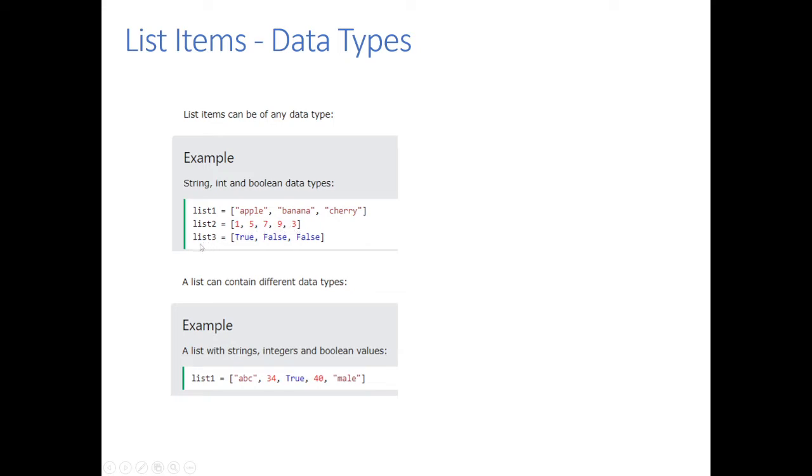On the third list, we have a list composed of Boolean values. Also, a list can contain different data types. In this example, list 1 equals a string followed by a number followed by a Boolean, and then again a number, and then again a string. This is also possible in a list.